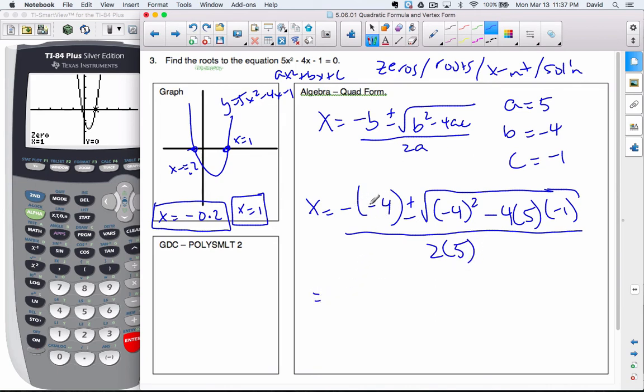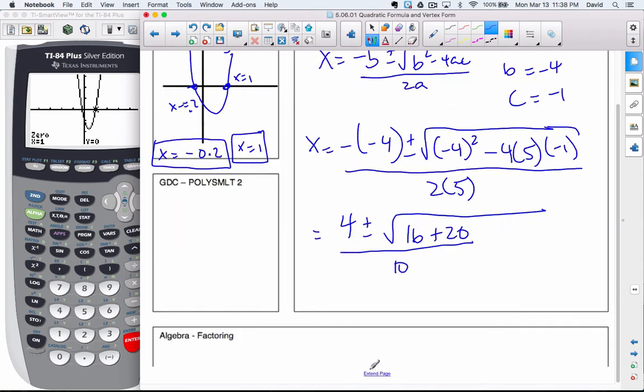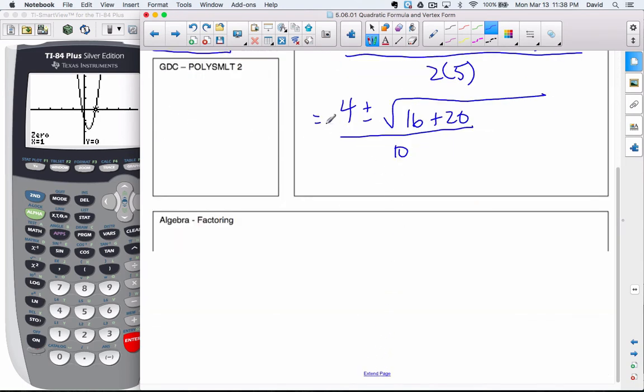Well, now I'm going to simplify. Minus -4 is a +4, plus or minus. -4 squared is 16. And now I have 4 times 5 is 20. Two negatives make a positive, so plus 20, over 2 times 5 is 10. Continuing through here, I can see that this is 4 plus or minus the square root of 36 over 10, which is equal to 4 plus or minus 6 over 10.